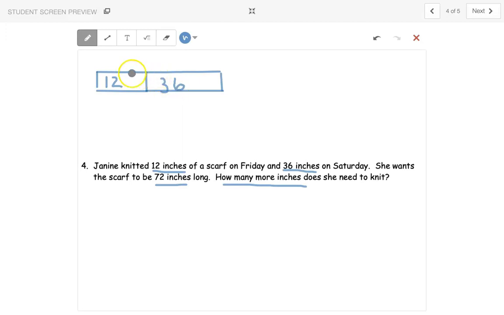Let's first see how much she's knitted so far. 12 plus 36 is going to be 48 inches, which is how long her scarf is now. It's 12 plus 36 is 48, but she needs 72.